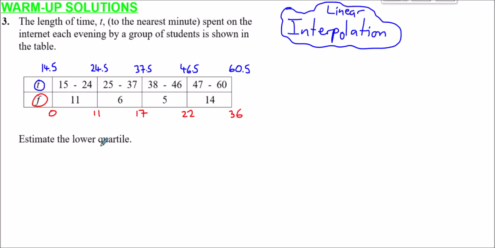So now we've got all the ingredients, we can estimate the lower quartile. So the lower quartile is going to be, because it's continuous data, we just take the total here, which is 36, and we're going to divide that by 4.